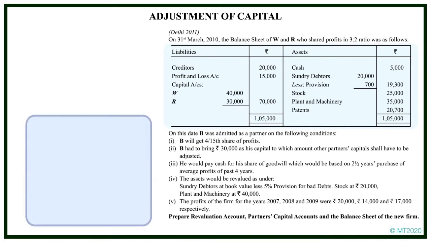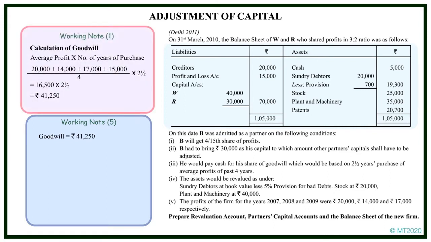Next, we would now do working note number 5, where we will learn how to find out the share of B's goodwill which B would bring and compensate to the sacrificing partners W and R in the sacrificing ratio. As we have valued the goodwill of the firm as 41,250 in our previous working note number 1, we'll take up this value and find out B's share in this goodwill.